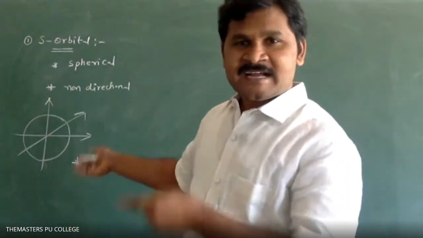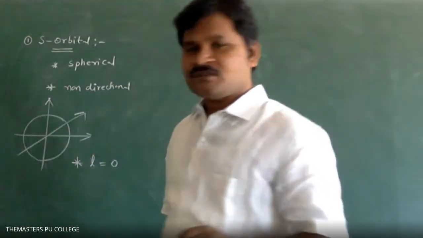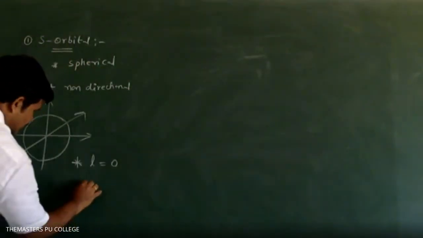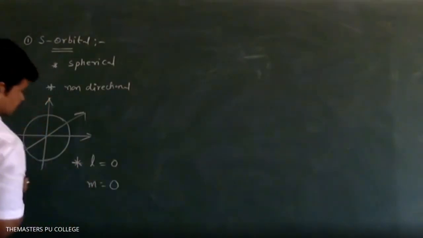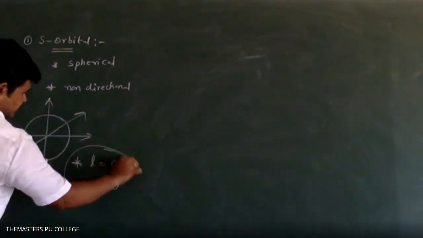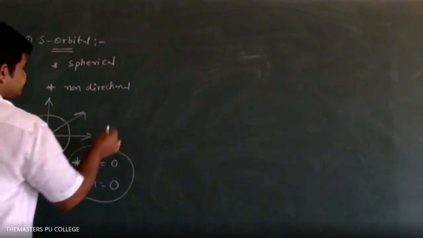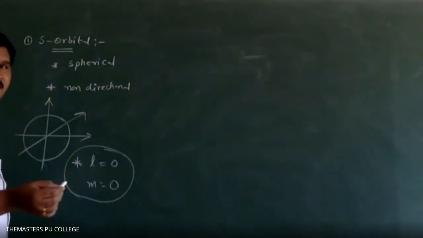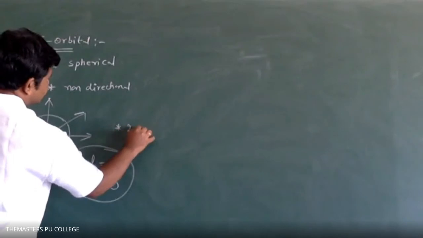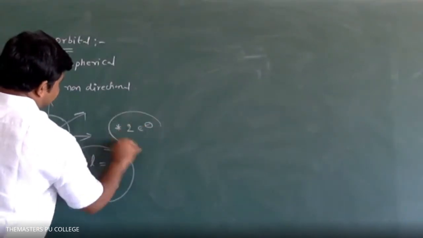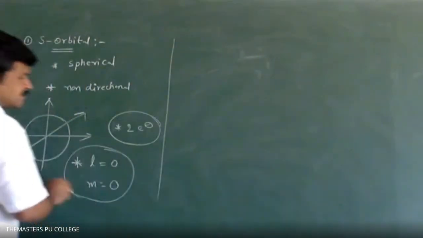You just remember: L is equal to 0, M is also 0. How many boxes does s orbital have? One box. How many electrons can it accommodate? Two electrons.